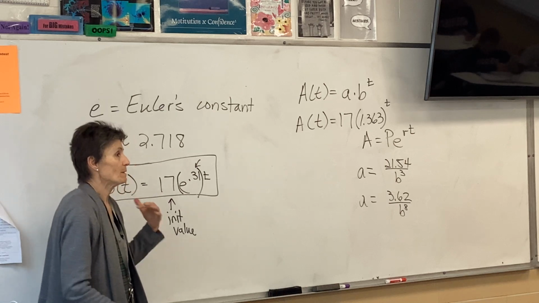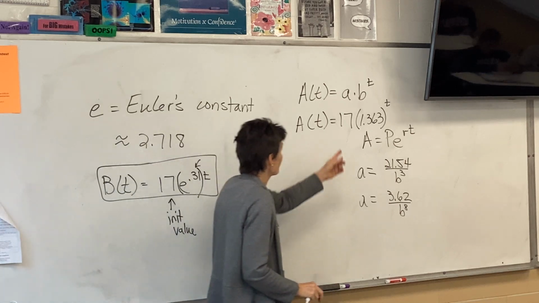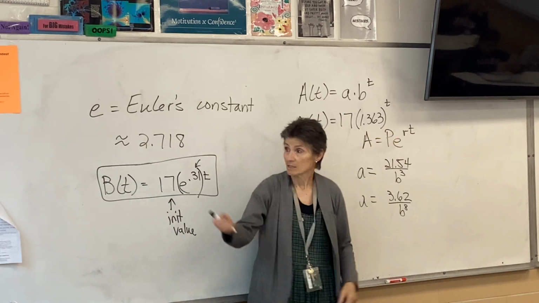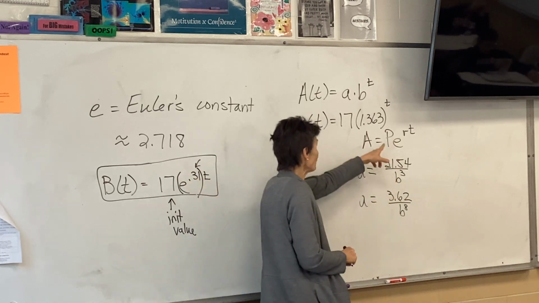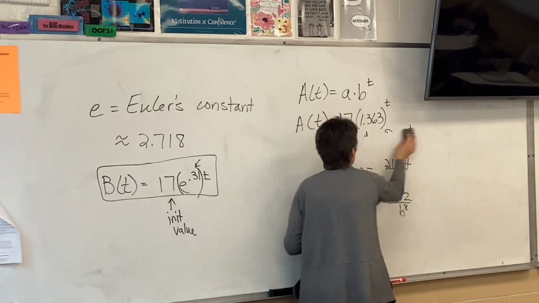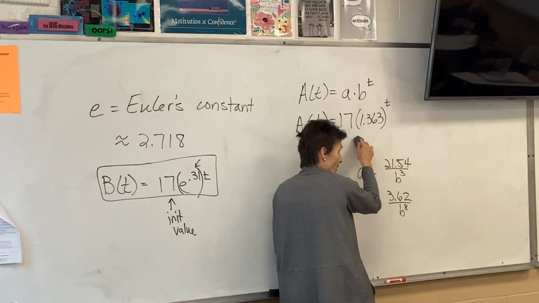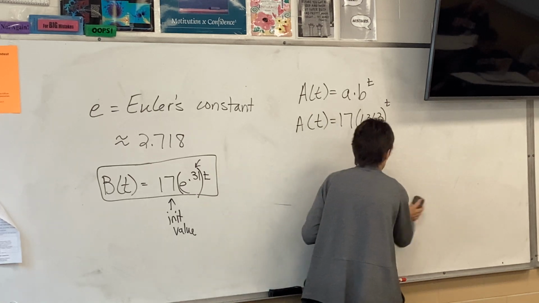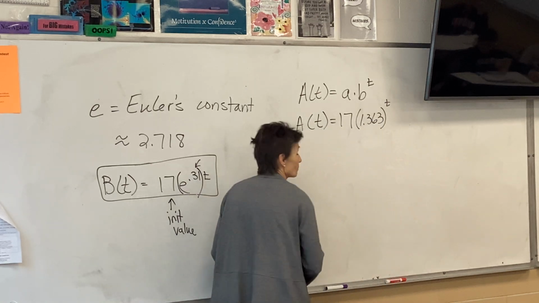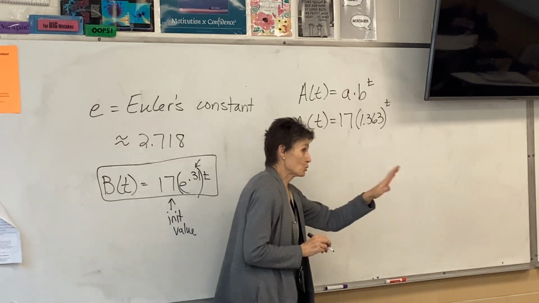Now, why would it be beneficial to write it this way? This is far more accurate, but why would it be beneficial to write it that way? What does this formula tell me that that one didn't? Well, for sure it's exponential.